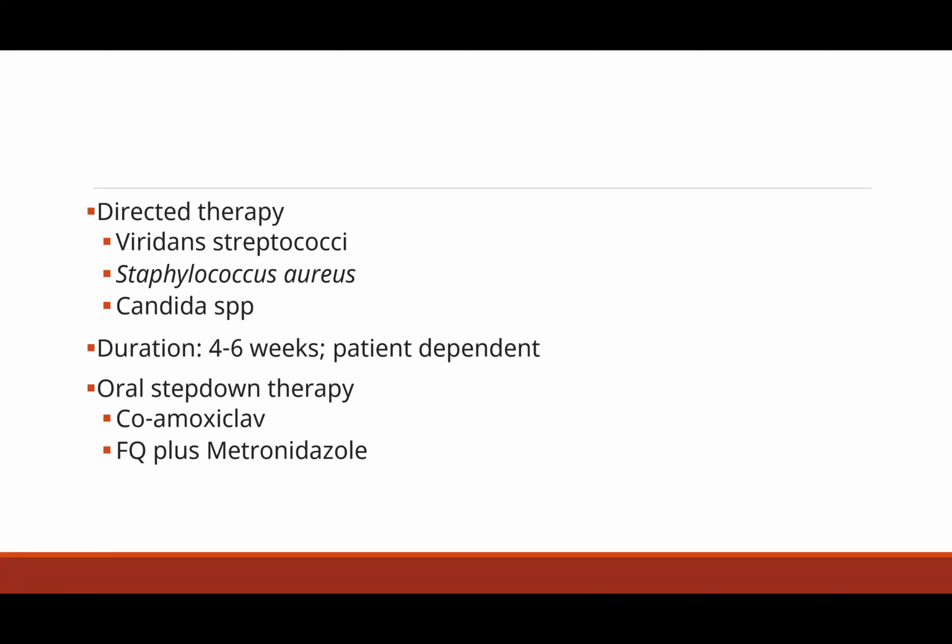In terms of the specific duration of antibiotic therapy, it's usually determined by the extent of the infection, the patient's individual response to treatment, and whatever underlying comorbidities they may have. Patients with abscesses that are not drained or are suboptimally drained usually require longer durations on an individualized basis.